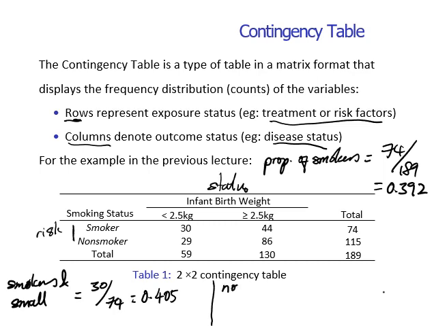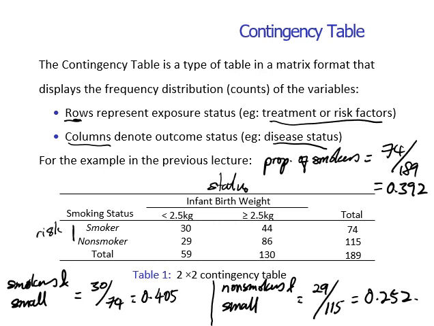What is the proportion of small babies that's from non-smokers? So you have 29 divided by 115. So that gives you 25.2%. Now, just by looking at these proportions, you can tell that the chances of having a smaller baby if the mother is a smoker is much higher than that of a non-smoker, correct?